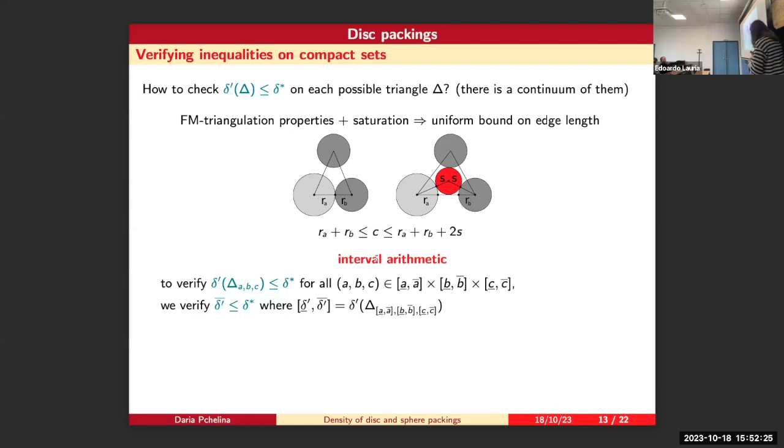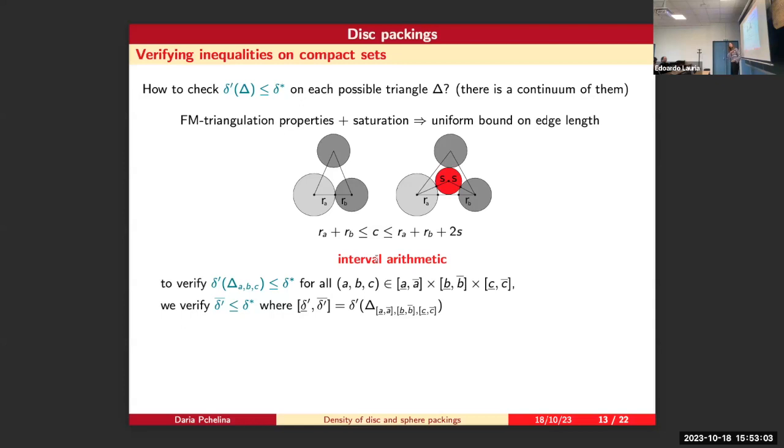So now with interval arithmetic, which is nicely implemented by a computer, instead of proving an inequality over all possible triplets of edge lengths of a triangle, which is an infinite number of inequalities, we will rather prove one inequality on an interval, defined as delta prime of a triangle whose edge lengths are intervals.